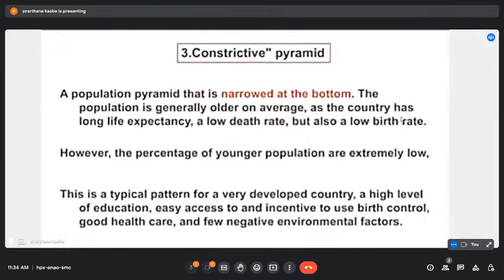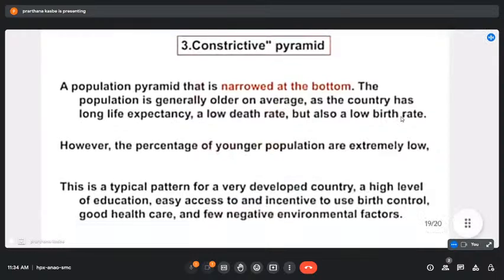The population is generally older on the average, as the country has long life expectancy, a low death rate, but also a low birth rate. So in that, both the birth rate and death rate are low. However, the percentage of younger population is extremely low in the constructive pyramid.